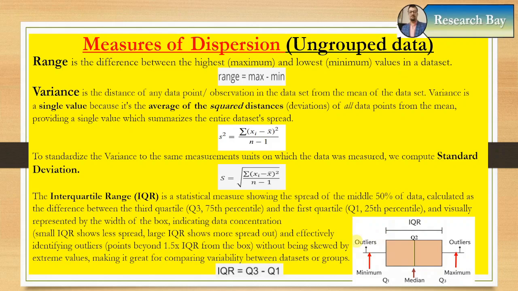But in range, even if there's one data point, say only one student in a class securing 1 mark out of a test of 10 marks, and the maximum was 9, then the range would be 9 minus 1, that is 8.